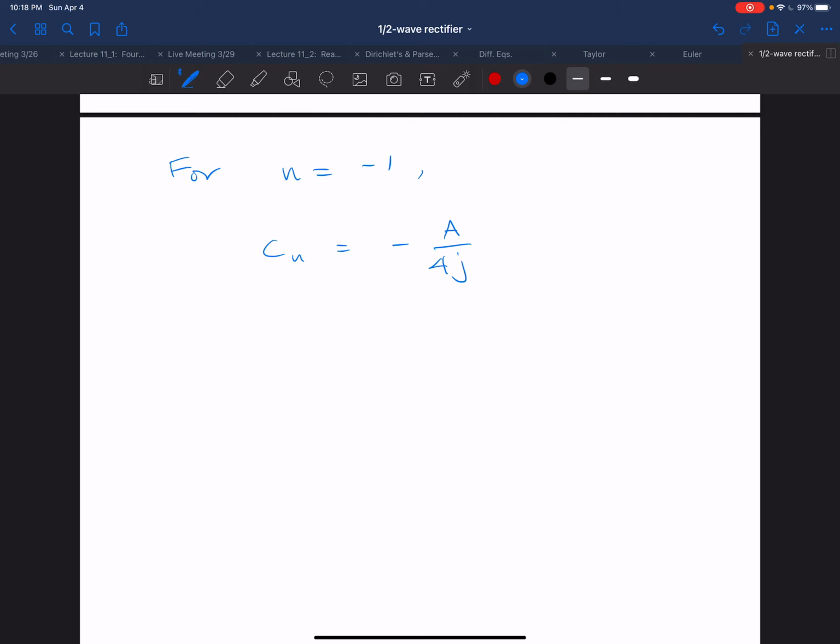And finally, we have the component that we're really after. If we're trying to create a DC signal, then the nice part about what we get at the output is the DC component, represented by C0.